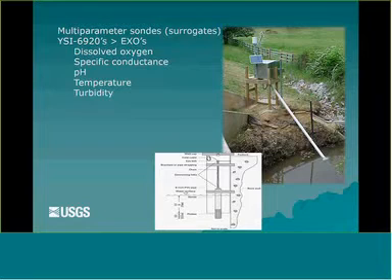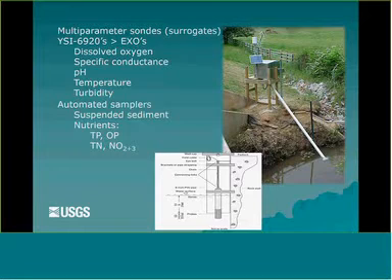With those multi-parameter sondes, we're measuring dissolved oxygen, specific conductance, pH, temperature, and turbidity. What we're really hoping there was not only to describe the water quality of the rivers, but also use these to help us compute the loads. In the past, we've relied primarily on flow to estimate that, but we know that these parameters were related to the concentrations, so we're hoping to incorporate those into our models to predict the loads.